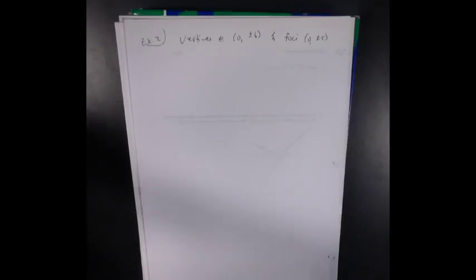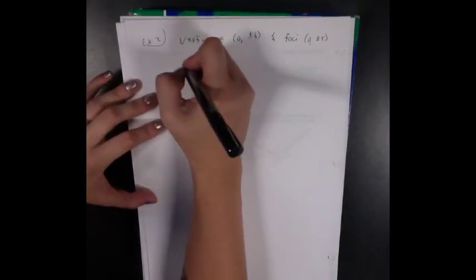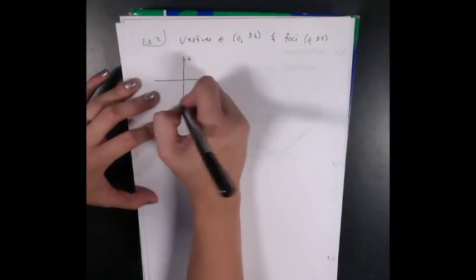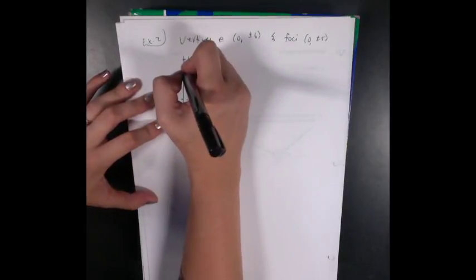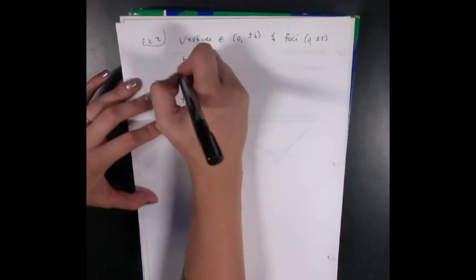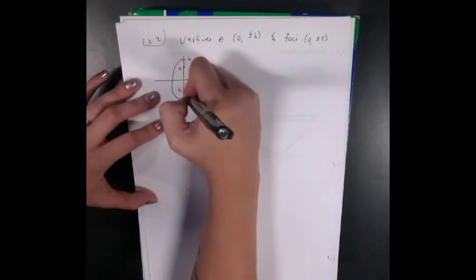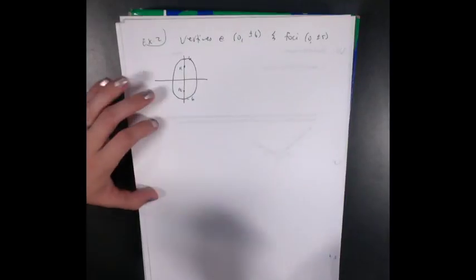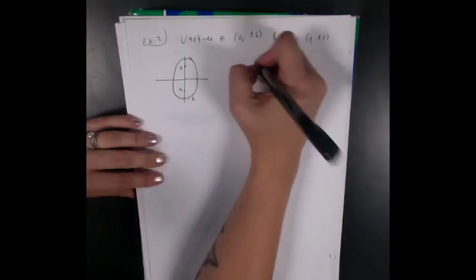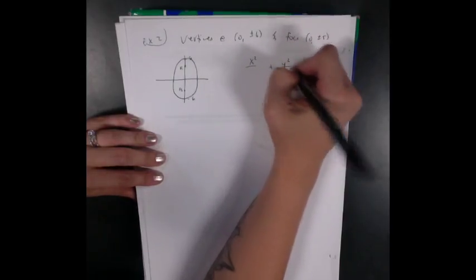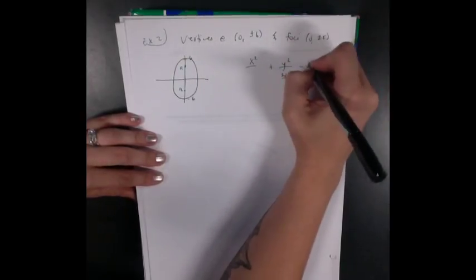So this is telling me, right, this is why it's important that your graphs are accurate. This is 6, this is negative 6, this is my foci 1, foci 2. My graph is longer on the y-axis. And I will have x squared over something plus y squared over 36 equals 1, right?